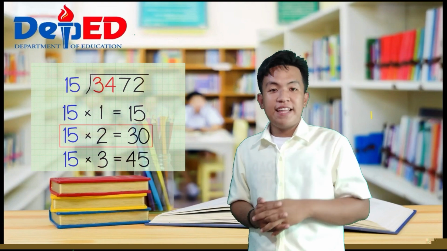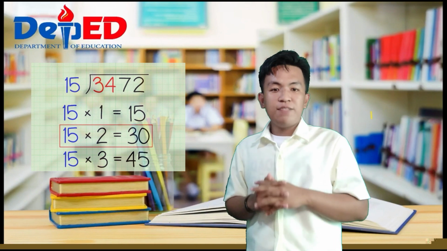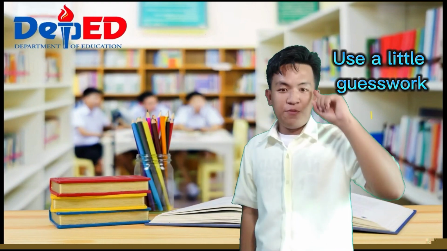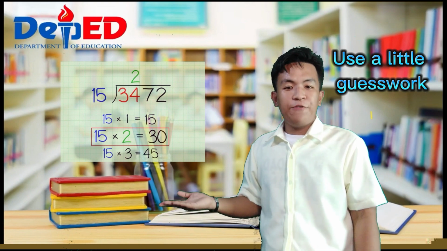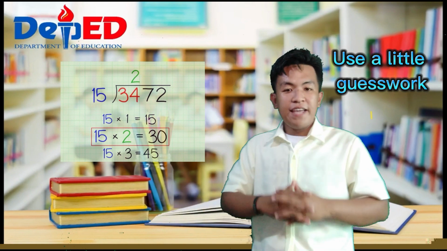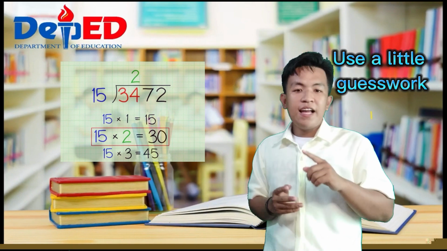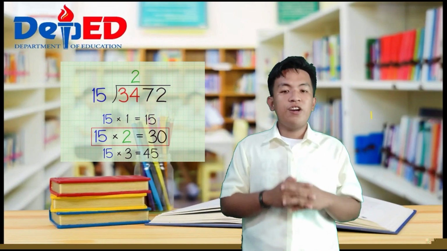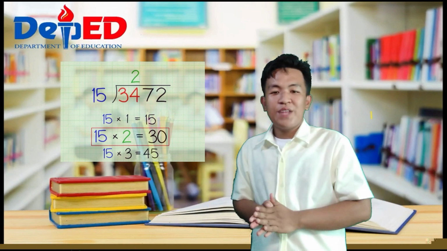The first number does not have to fit perfectly. It just needs to be smaller than the second number. The next step is to use a little guesswork. Find out exactly how many times the first number fits into the other. You might know the answer already, but if you don't, try making a good guess and checking your answer with multiplication.